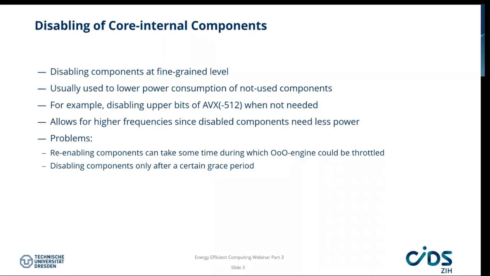That means that for software that doesn't use these components within the core, we could just disable them and use a higher frequency. That is actually what processors are doing, and that will lead to some problems that we can see in the performance of our programs.